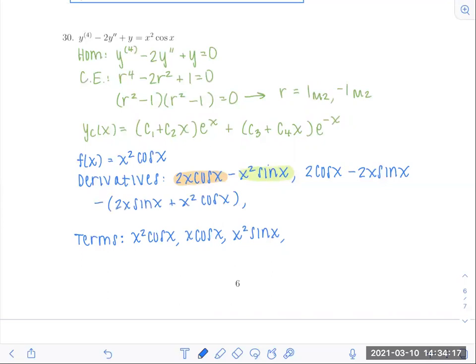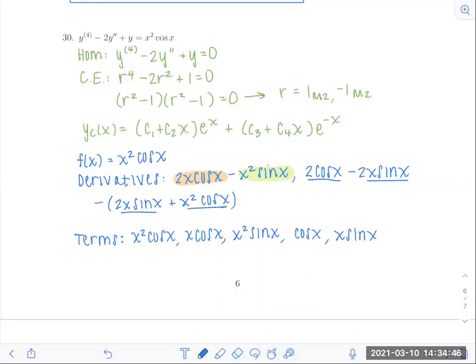Have we added any new terms? This first term here is new. It's just a single cosine. The second term is new. That's an x sine. Here I'm intentionally leaving off all those coefficients. Now I've already taken care of the x sine x, and I've also taken care of the x squared cosine x, so I don't need those. And by the way, it looks like I can combine a couple of terms here.